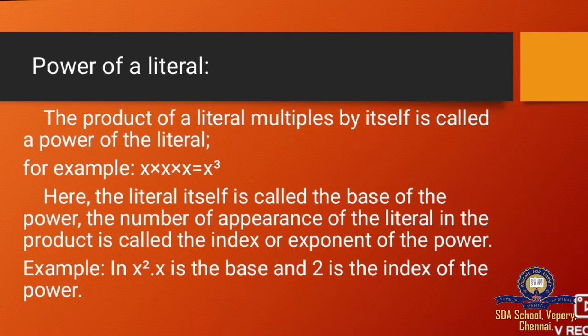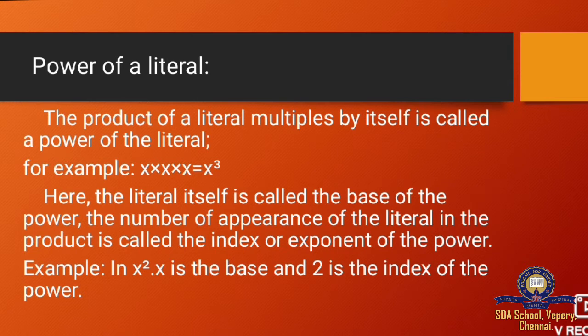Next we're going to see the power of a literal. The power of a literal is nothing but the product of the literal multiplied by itself. For example, let me take a variable x. So x into x is x square, or x into x into x is x cube.